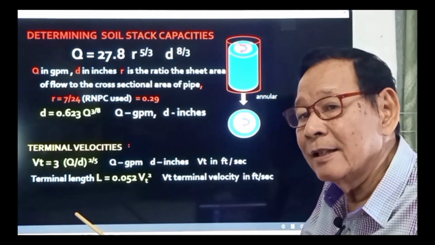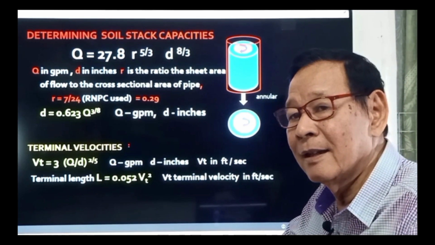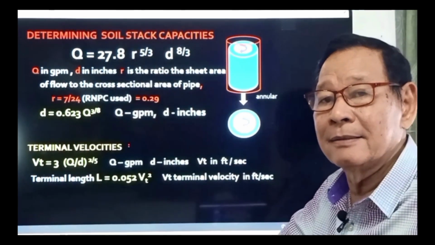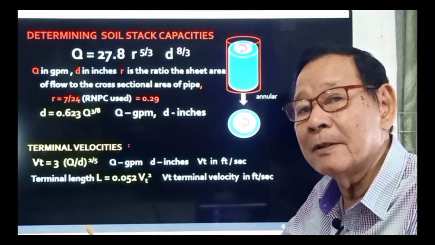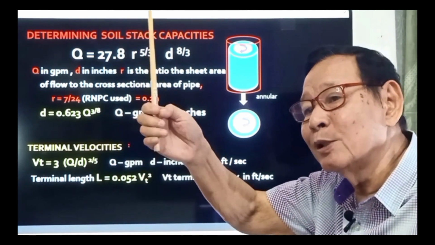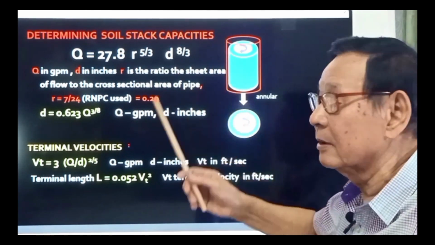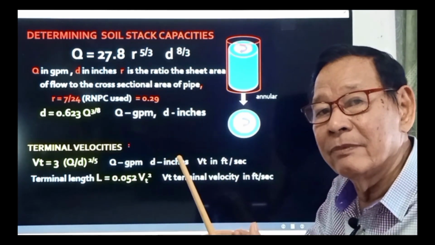That's why in my previous example, in my lecture, even in a 100-story building, it will not fall down directly as a free fall. It manages to slow down because it creates friction between the water and the pipe itself.